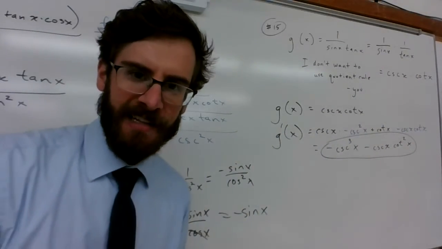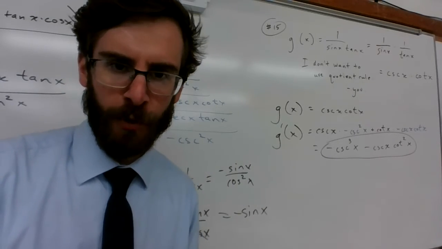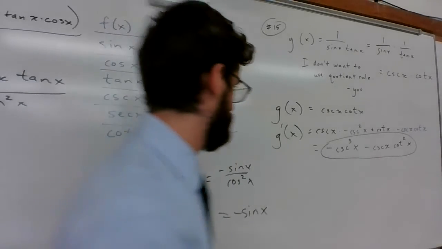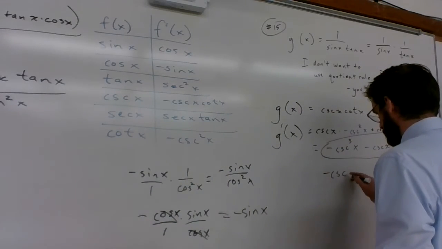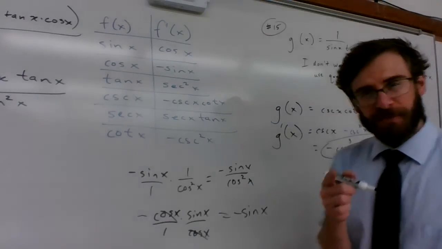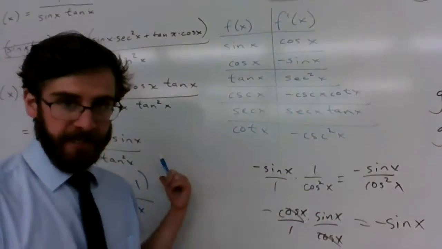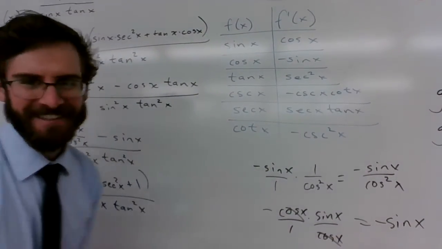Now there's still some analysis we could do. You could factor out a negative cosecant of x and really explore what that might have. Cosecant squared plus cotan squared. It almost looks like a Pythagorean identity, just like this one almost looked like a Pythagorean identity. Sorry.